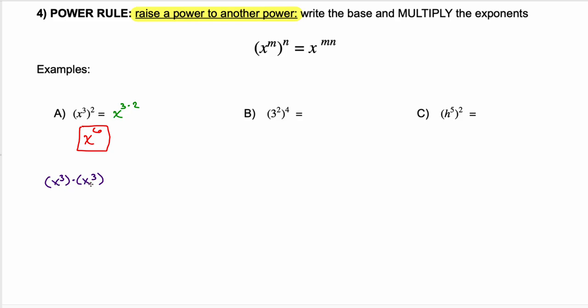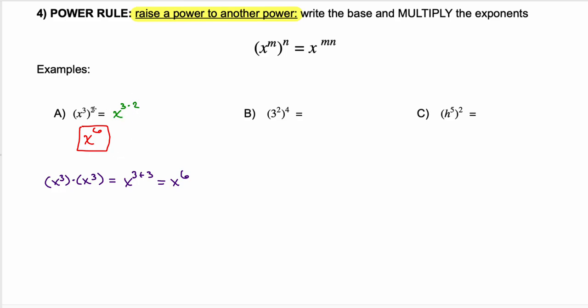The product rule states that if these 2 bases are the same being multiplied, we write the base, which is just x, and then we add the exponents. We have an exponent of 3 plus an exponent of 3, which becomes x to the 6th. It is the same answer.